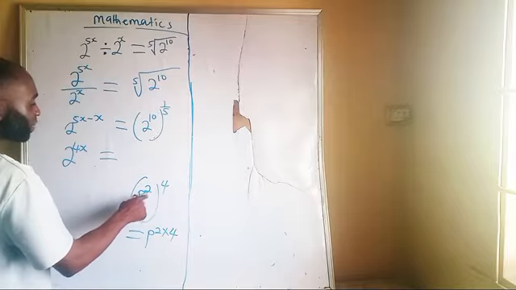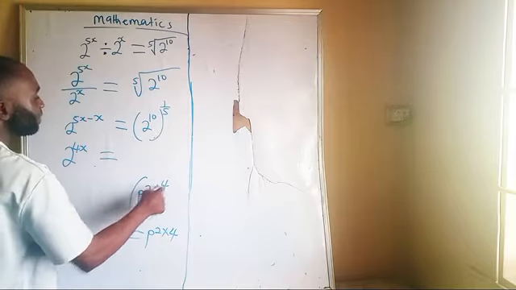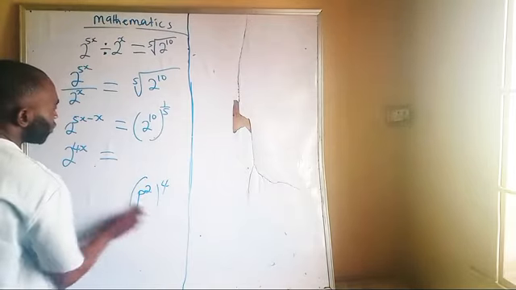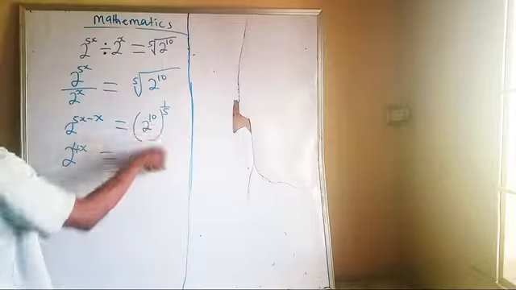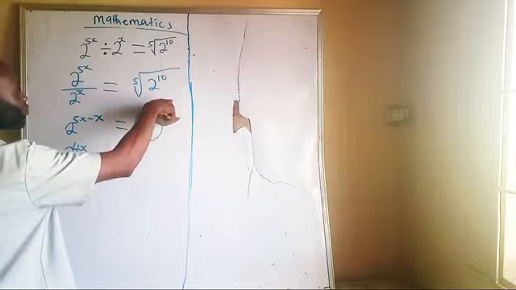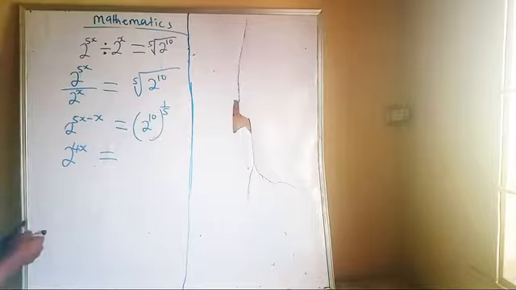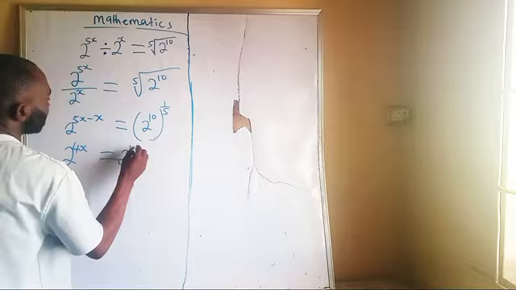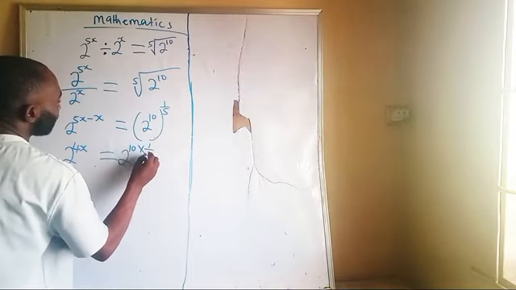When a number raised to a power is raised to another power, let the powers multiply. So we apply the same law here: 2 raised to the power of 10, raised to the power of 1 all over 5. So the powers are going to multiply, and you will now have 2 raised to the power of 10 times 1 all over 5.